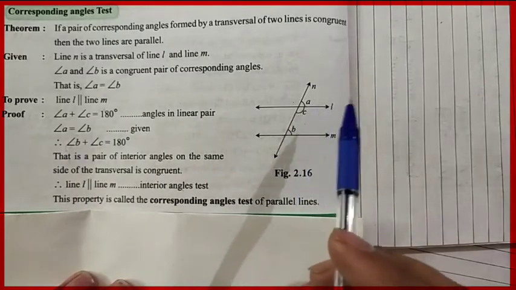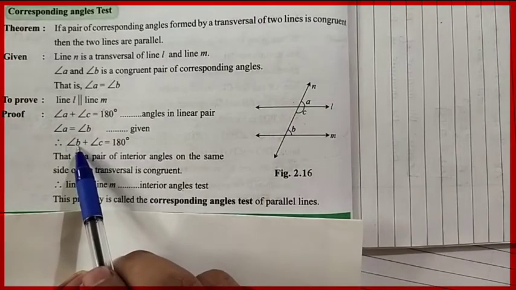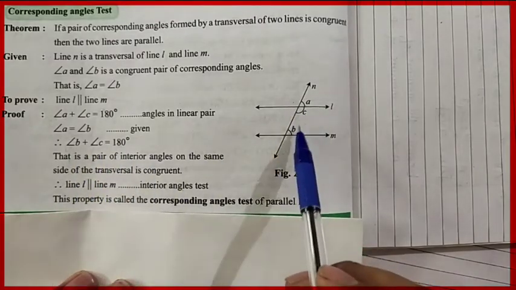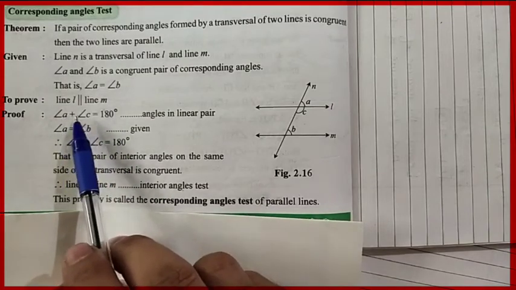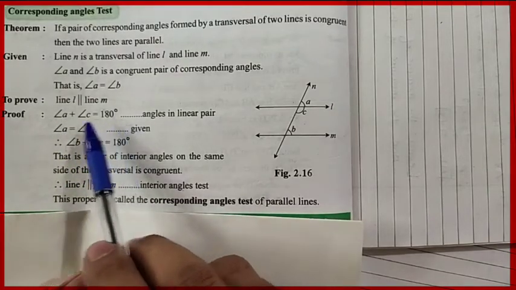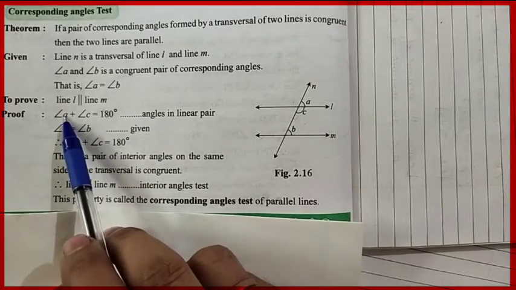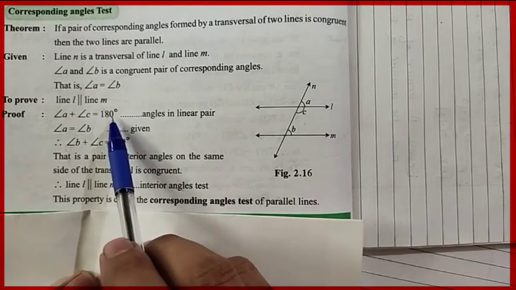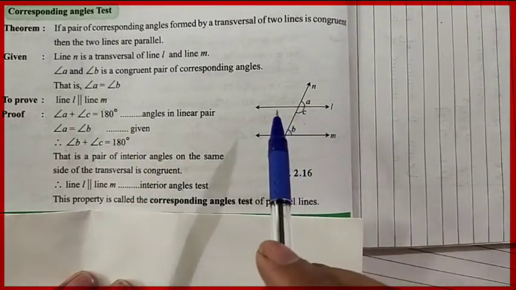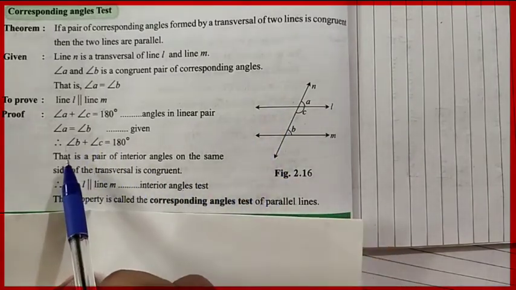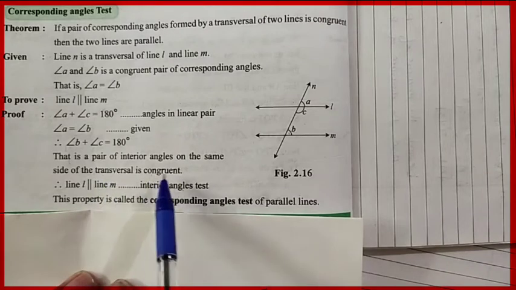We have already proven that angle A equals angle B, therefore we can say angle B plus angle C equals 180 degrees, because we already have angle A plus angle C equals 180 degrees, but angle A and B are the same, so we placed B in its place. So angle B plus angle C equals 180 degrees. And this happens when two lines are parallel to each other, so the pair of interior angles on the same side of the transversal is congruent.